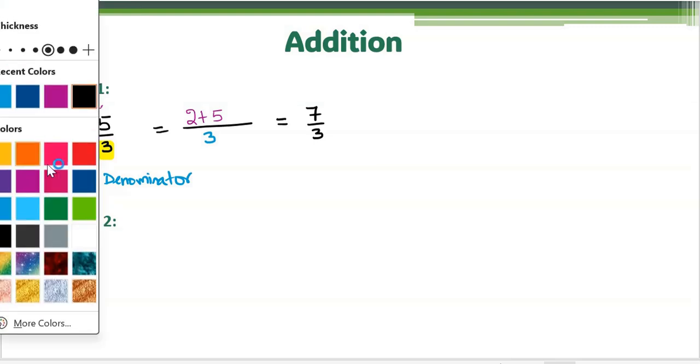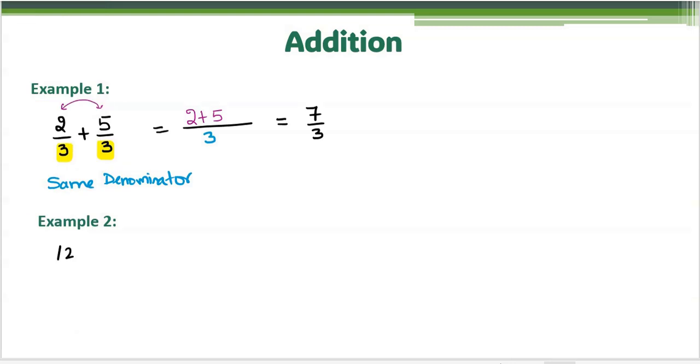Let's consider another example. Say we have 12 over 5 minus 6 over 5. Again, the denominator is the same. So when the denominator is the same, we will follow the same way as we did in the above question.